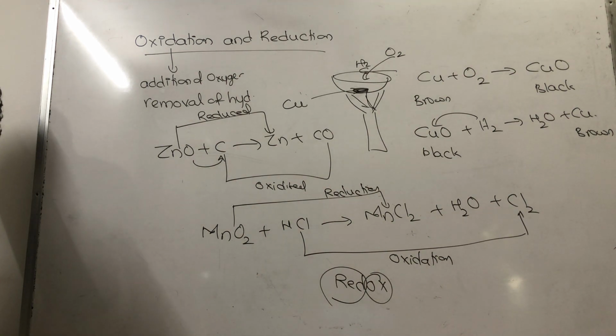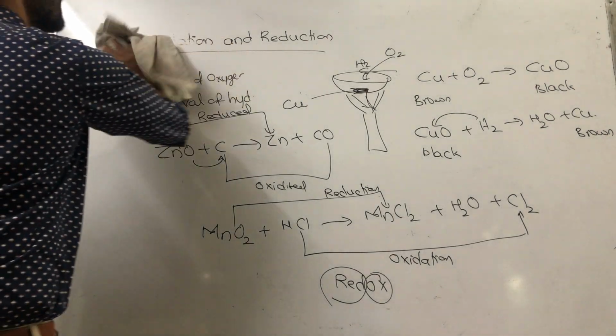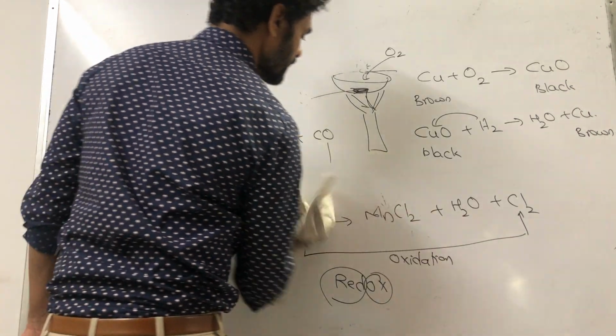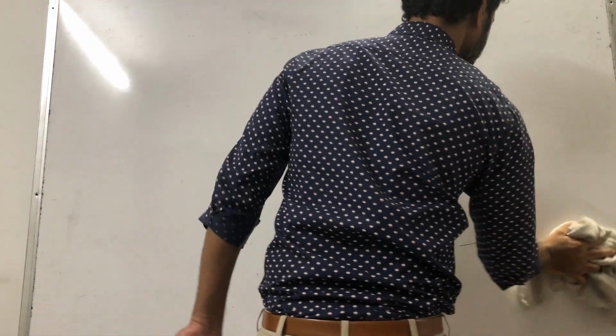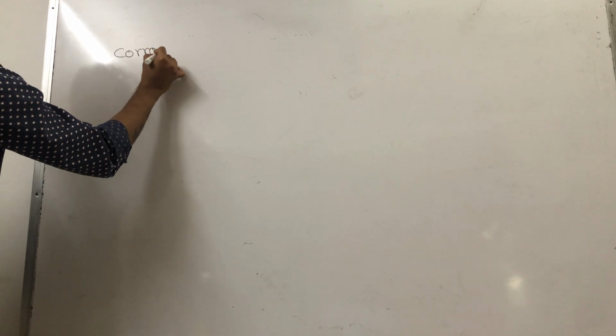Yes, so that was your type of reaction. Now the last topic is corrosion and rancidity. So first let's take corrosion. Corrosion is not at all a new topic for you.